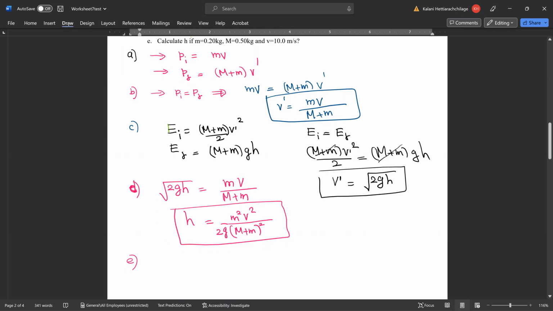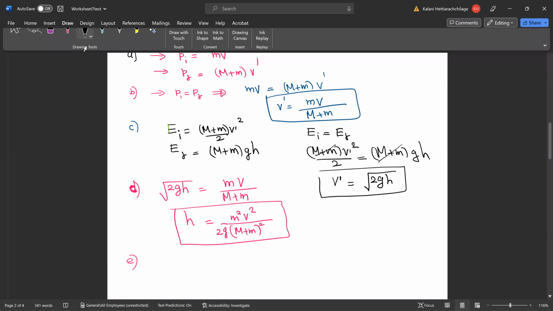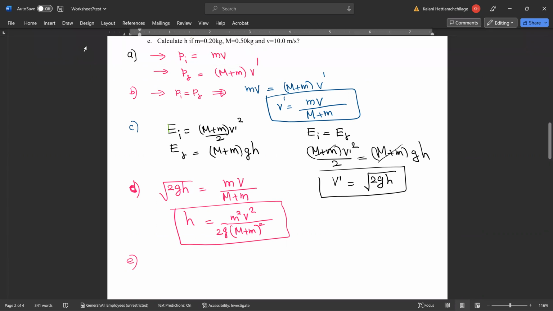Also, this is the learning method, the skill that you need to learn: solve the problem by using the parameters, and then plug the numbers into the equation, and then you can calculate it for different numbers. That's the way that we can easily see what will happen with different parameters.